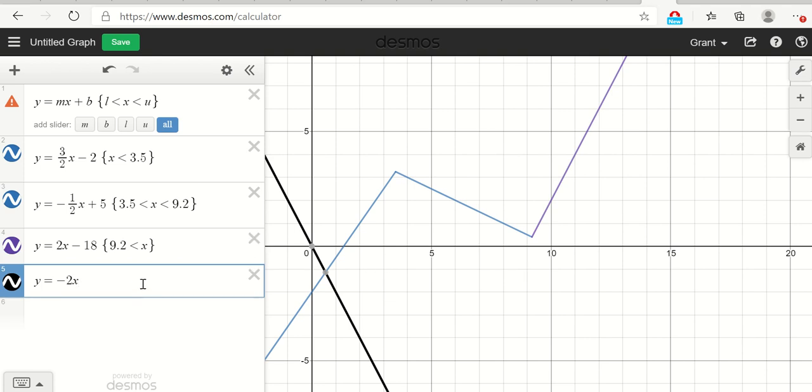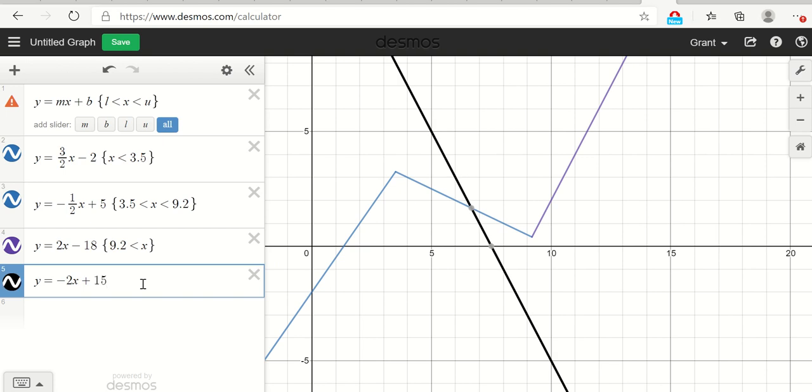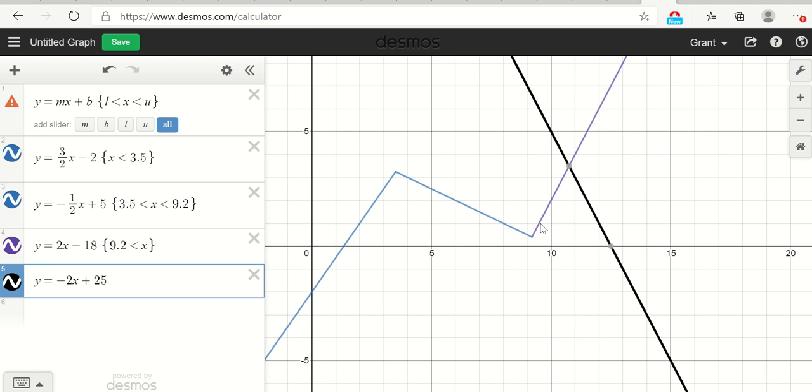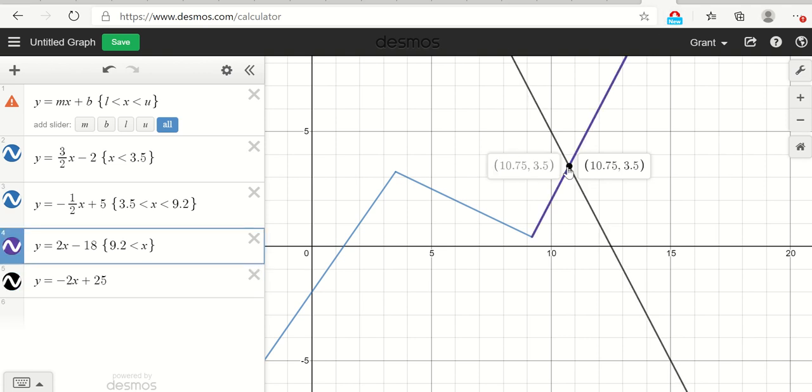So let's give it a y-intercept of something like 9 or 15, still not large enough, 25. Hey, now they intersect. So here, this black line intersects with this purple line, and so I want to limit them from going up and to the left for infinity, down and to the right for infinity, and up and to the right for infinity.